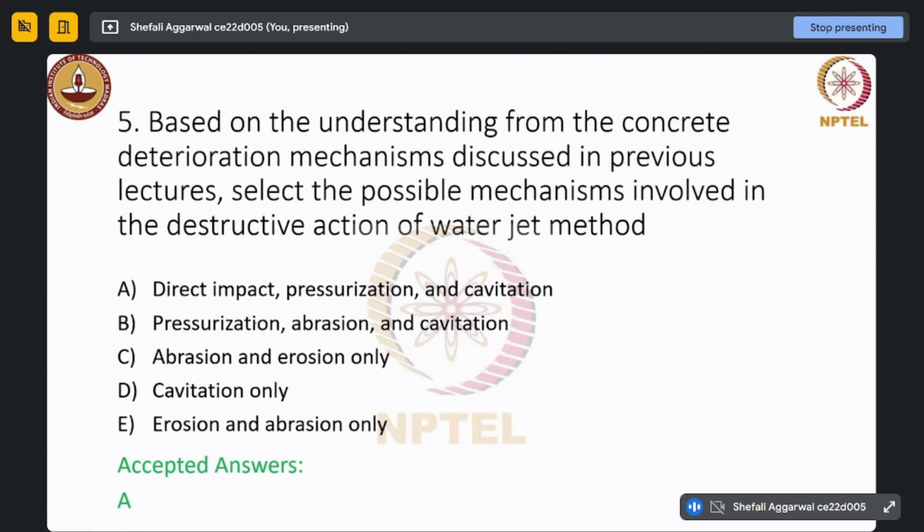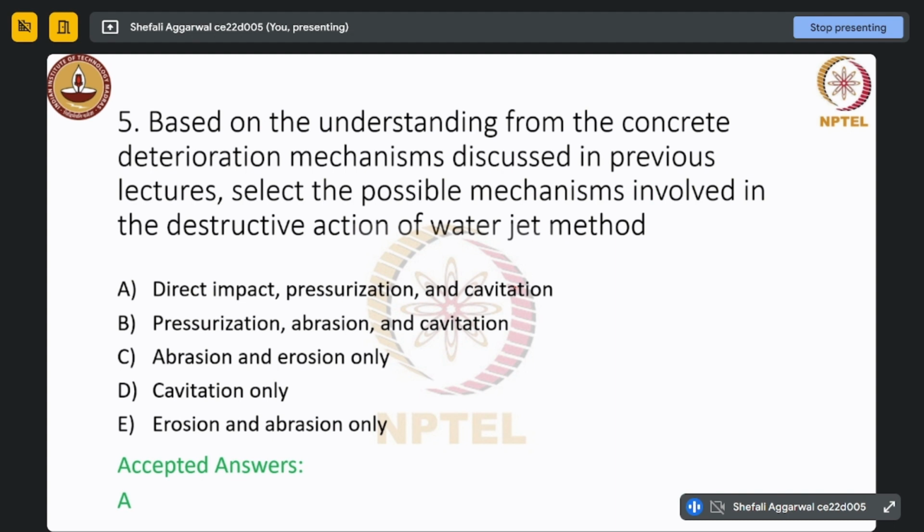Firstly, water will give a direct impact on the concrete surface, and because our water is being released with pressure, we have pressurization. From our daily life experience also, if we use water with very high pressure, it won't cause abrasion, it will cause cavitation.